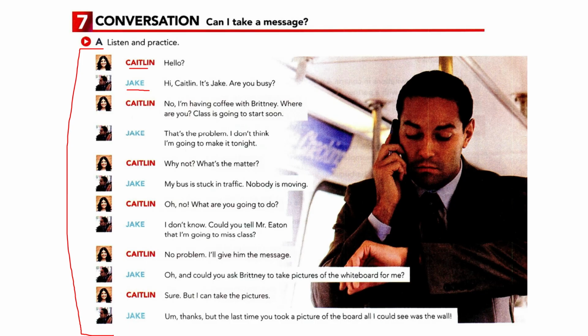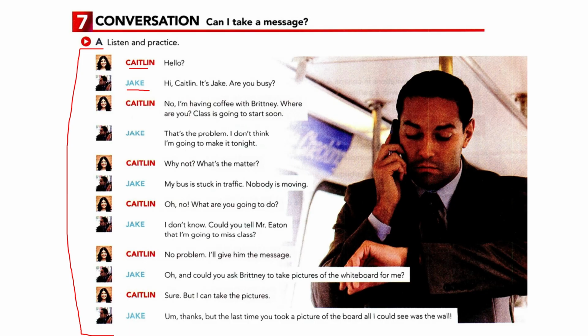Okay, well done. So I'm gonna read this one more time. Hello. Hi, Caitlin. It's Jake. Are you busy? No, I'm having coffee with Brittany. Where are you? Class is going to start soon. That's the problem. I don't think I'm going to make it tonight. Why not? What's the matter? My boss is stuck in traffic. Nobody's moving. Remember this, Joanny? This is heavy traffic. Oh no!